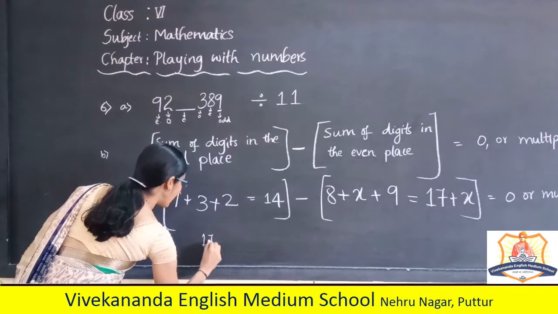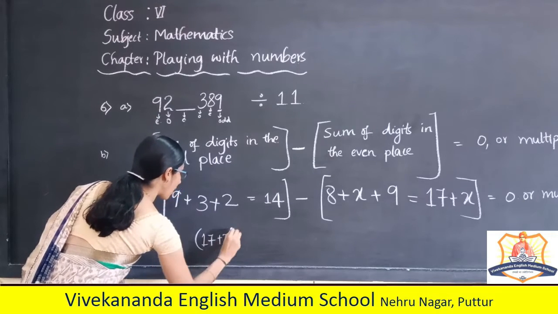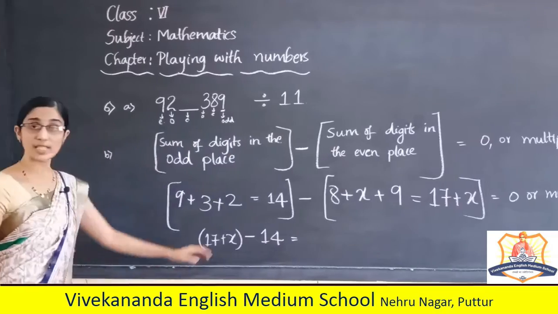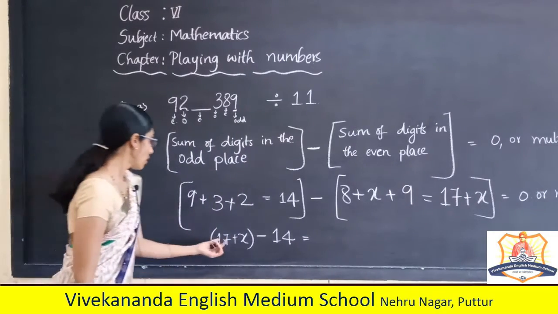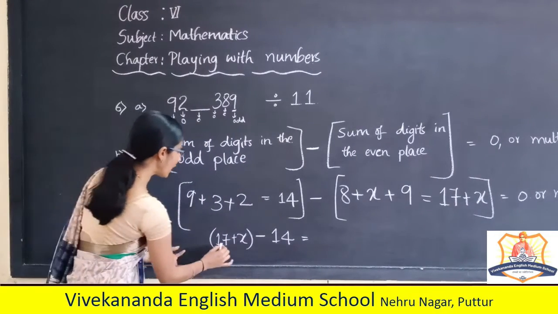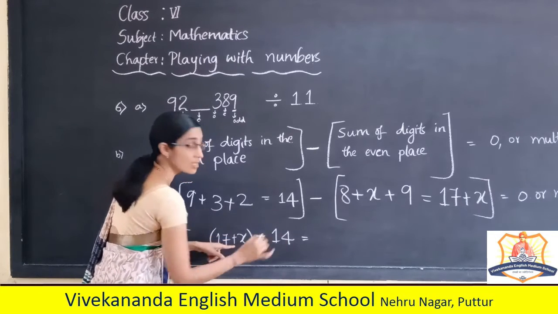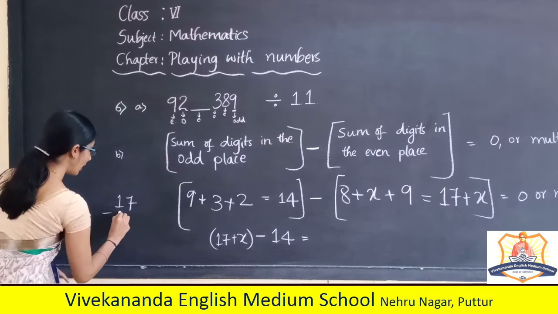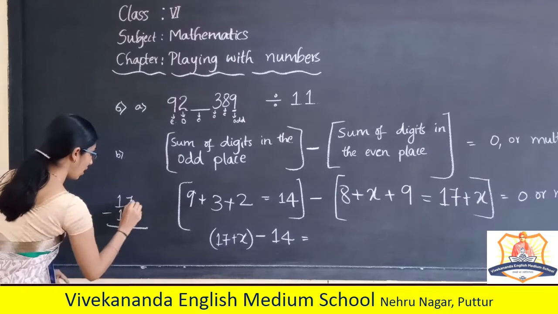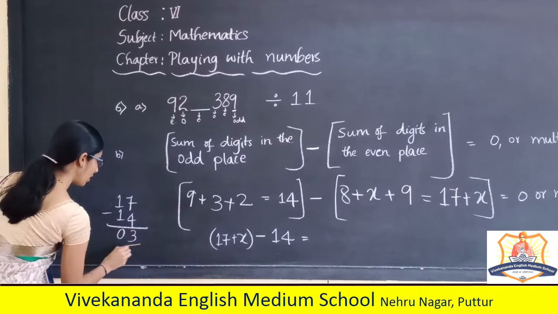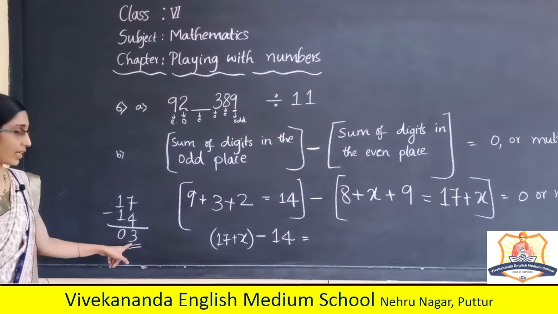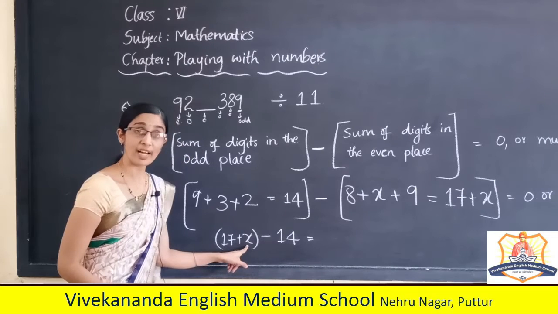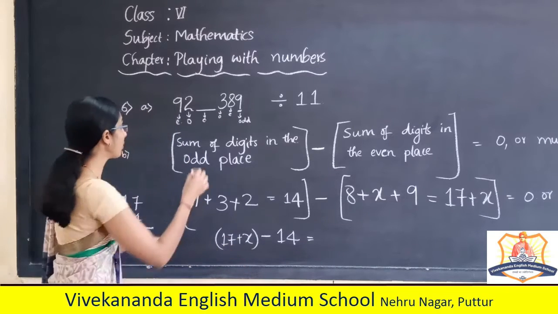So 17 plus x minus 14 is equal to, how much is it? 17 plus x minus 14. Okay, 17 minus 14, how much is it? 3, right? So let me start from here.